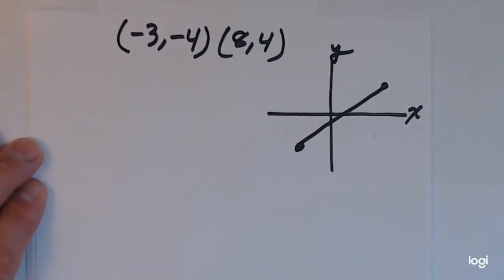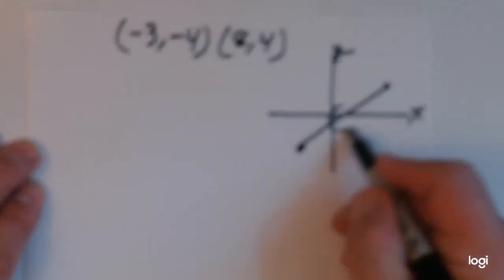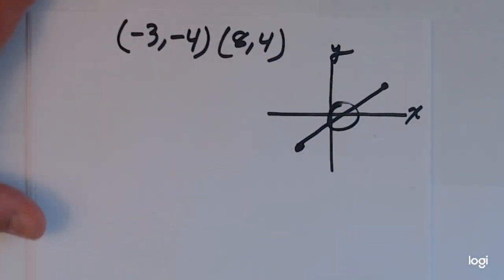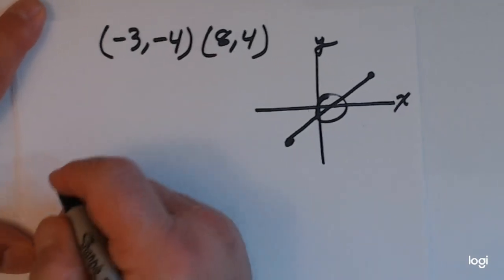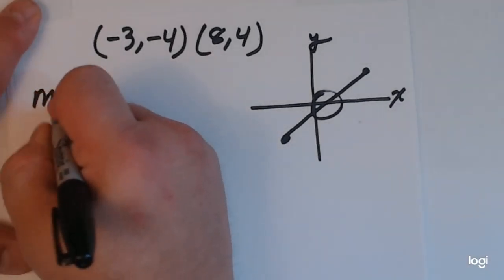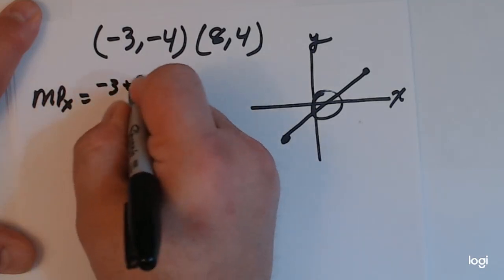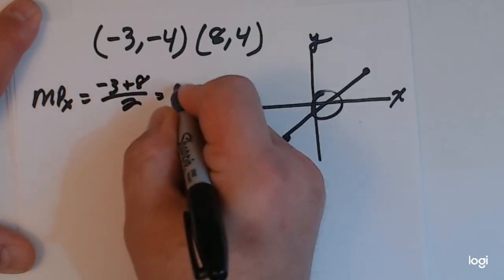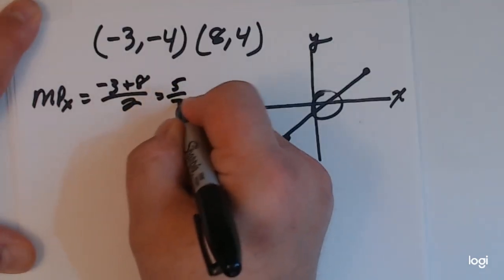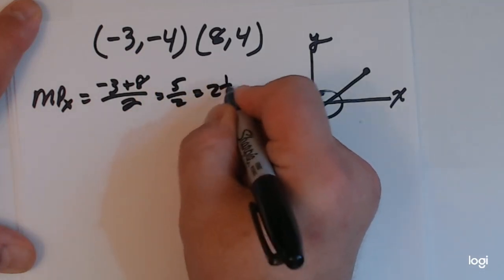The midpoint will be somewhere around there. So let's go ahead and find it. The midpoint of x is -3 plus 8 over 2, which is 5 over 2, which is 2.5.